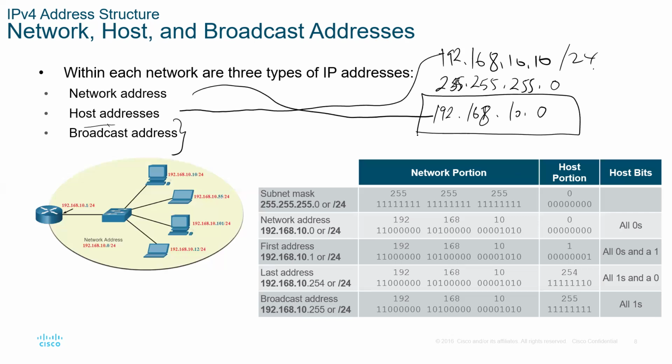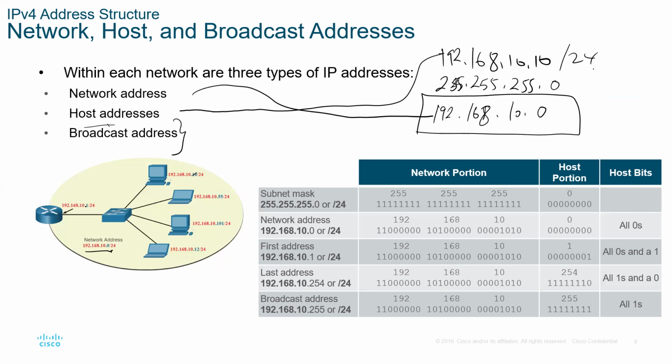And how do we determine that? Let's look at this example. From the diagram, I have a host, and this is its host address. I have another host address, .55, another host address, .101, another host address, .12. The network address is .0.